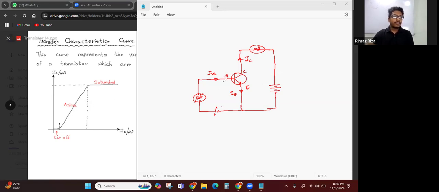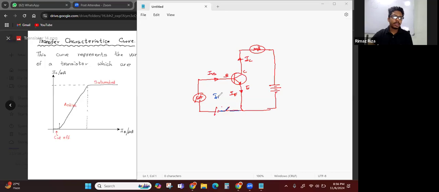Now let's say here is a switch. When the switch is off, that means there is no current in this input circuit.